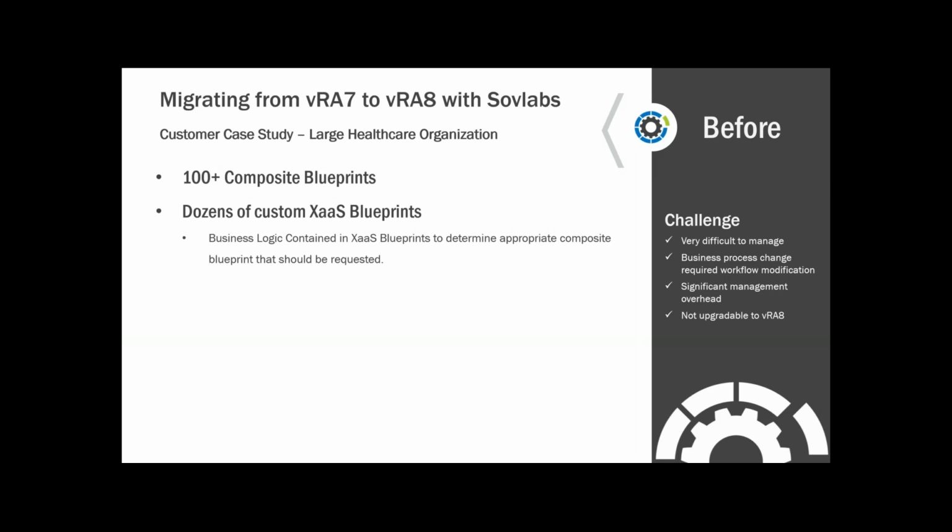So lots of business logic contained in there, and also custom naming, placement logic, and all of those things. They also had over 30 custom EBS workflows. That's a significant amount of customization here, and it was becoming just too costly for them to manage.